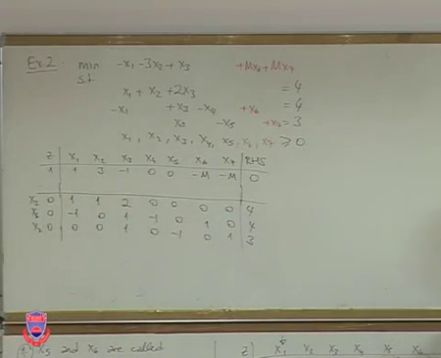My basic variables are x2, x6, and x7. So the row 0 coefficients all should be equal to 0 before I can start. But in this case, the row 0 coefficient of x2 is 3, so I need to make it 0. The row 0 coefficient of x6 is equal to M, I need to make it 0. And the row 0 coefficient of x7 is equal to M, I need to make it 0, basically, before I can start.